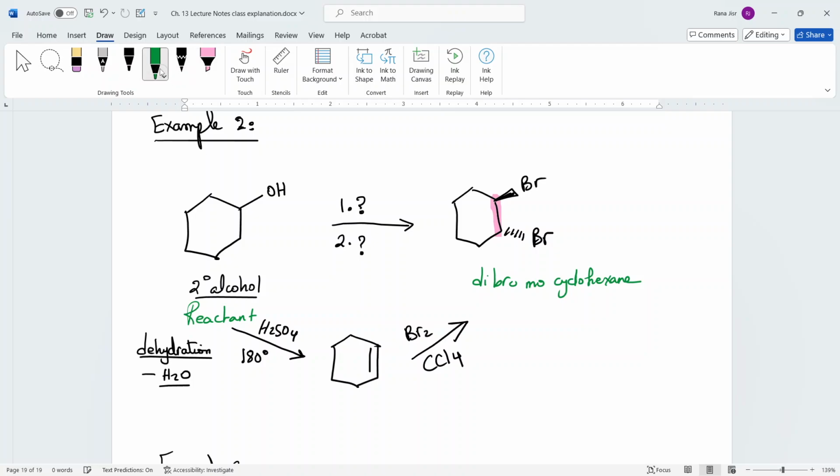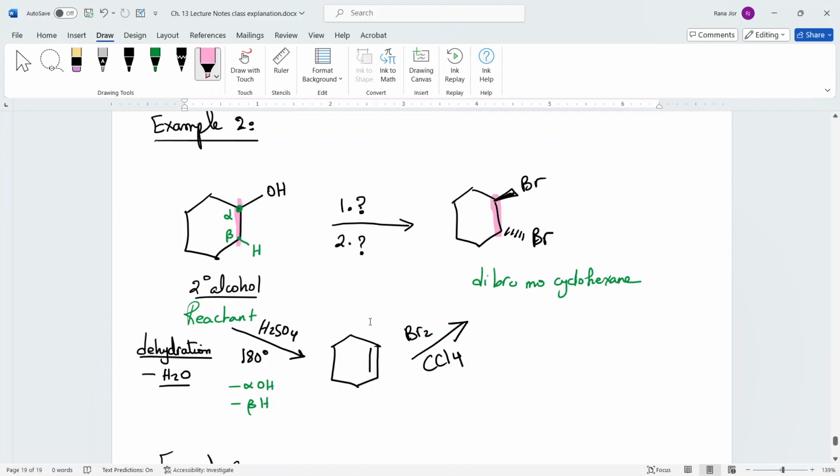So you are going to end up eliminating, this is going to be the alpha carbon, that is going to be the beta carbon in there that has a beta hydrogen. So you are going to eliminate the alpha OH, you are going to eliminate the beta hydrogen in that case, and you're going to form a double bond in here, which is the alkene.